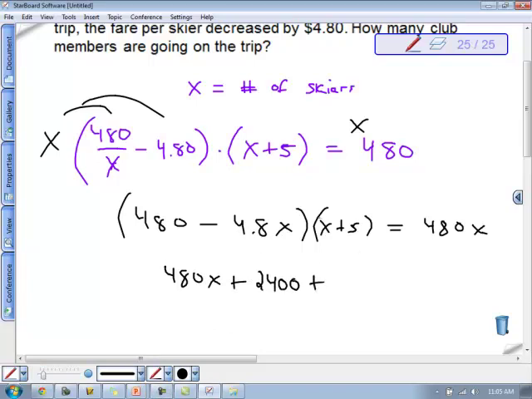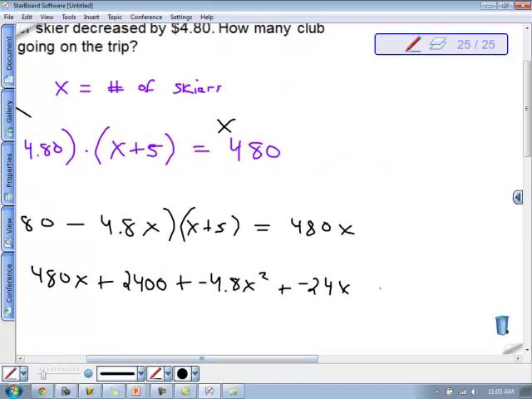plus negative 4.8x squared plus negative 24, last times last, negative 24x. And that all equals 480x. Okay.